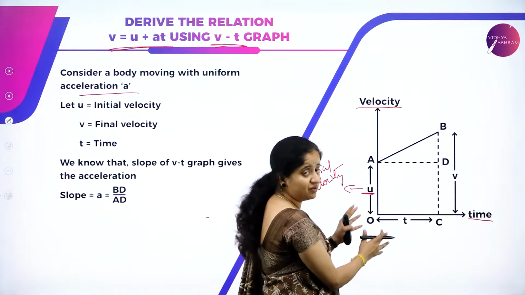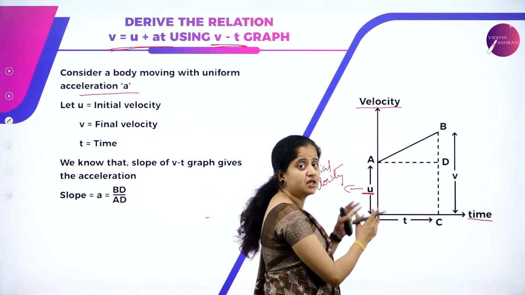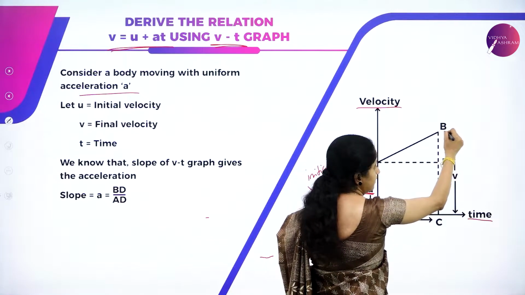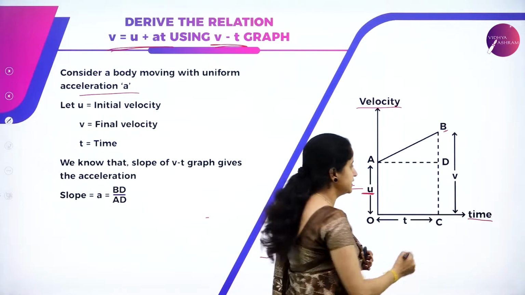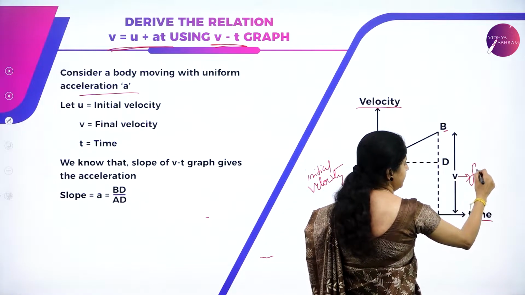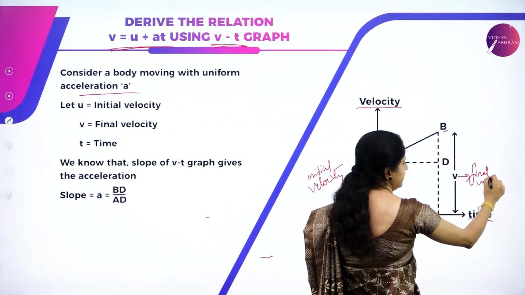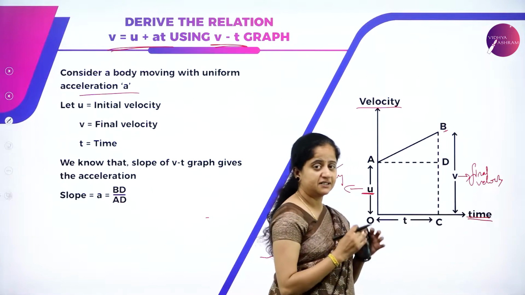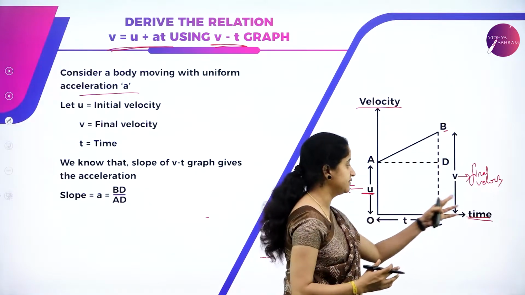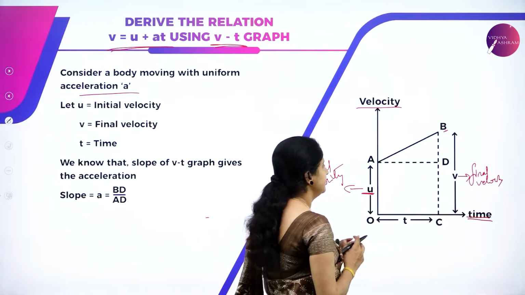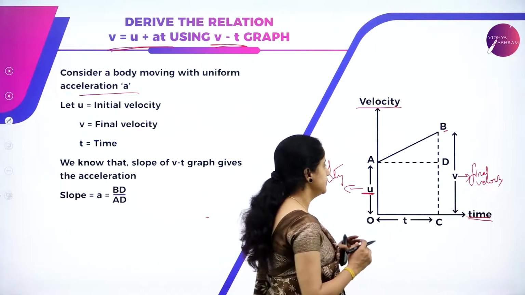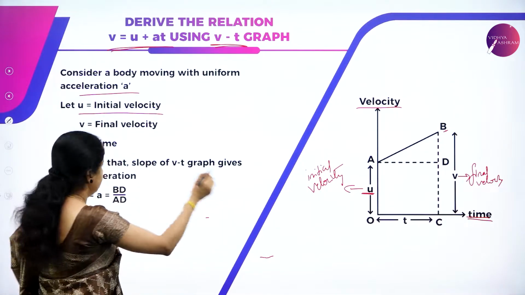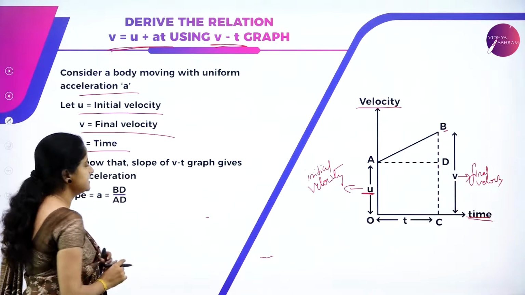The body has an initial velocity and a uniform acceleration. And next, the body reaches a final velocity and that is given by V. So V is the final velocity. The body is moving with respect to time, changing its velocity with respect to time and hence we get an acceleration. So in this graph, U is the initial velocity, V is the final velocity and T is time.